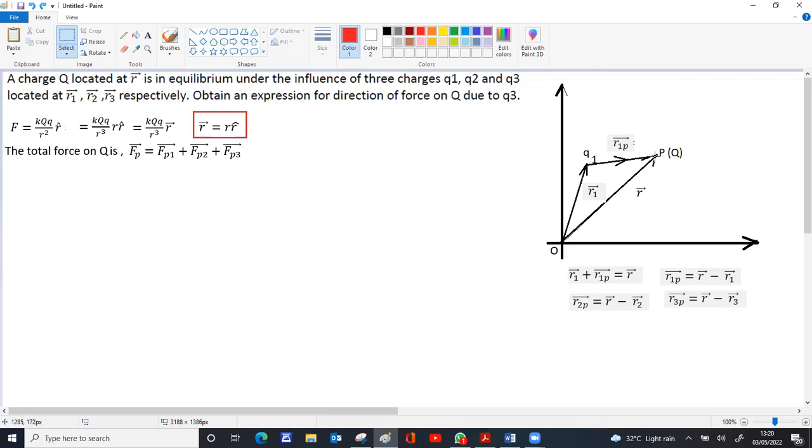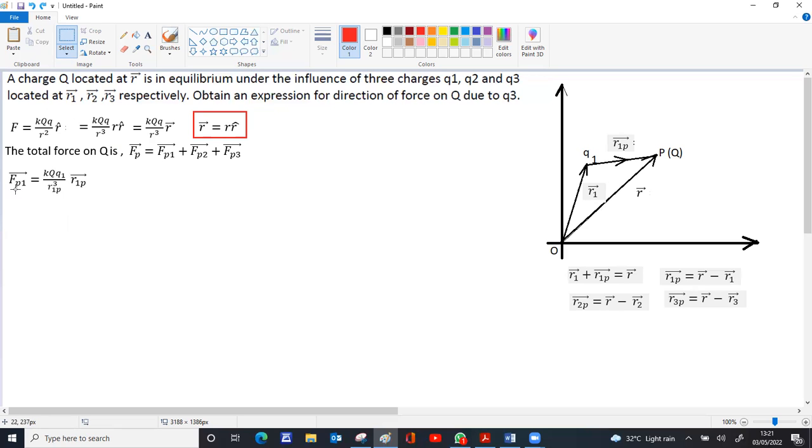Force on P due to 1 will be K Q1 into Q by R1P magnitude the whole cube, with direction along R1P vector.